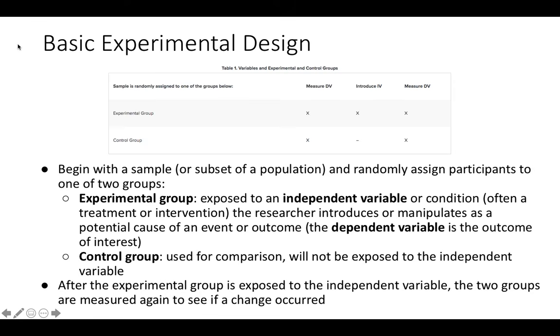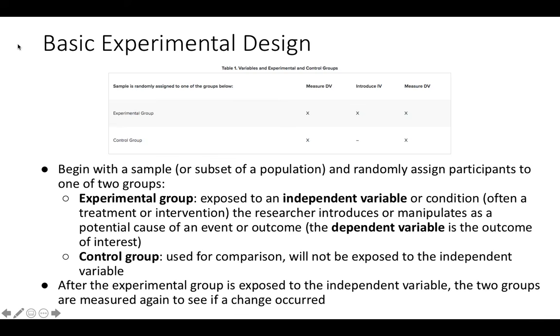That's what's being changed or manipulated. One group gets the IV, and one group does not get the sleeping pill. And then you've got the dependent variable. What are we testing? We're testing cognitive performance. So in that example, the IV is the sleeping pill, and the dependent variable is cognitive performance.